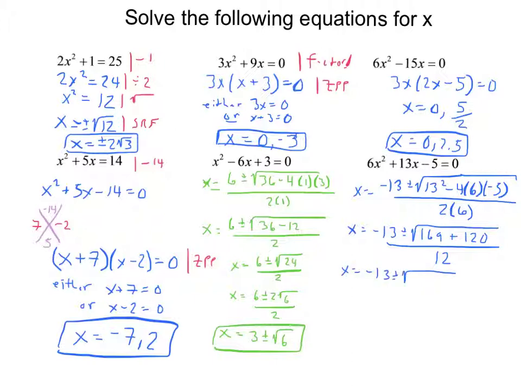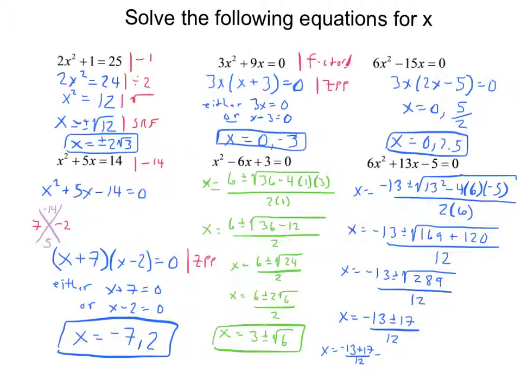Alright, 169 plus 120 is 289. That over 12. And is 289 a perfect square? That's 17 squared. You can type that into your calculator to verify that you don't get a big long string of decimals. Don't leave it like that, but evaluate each of these. You want to get it into a reduced form, so do them separately.